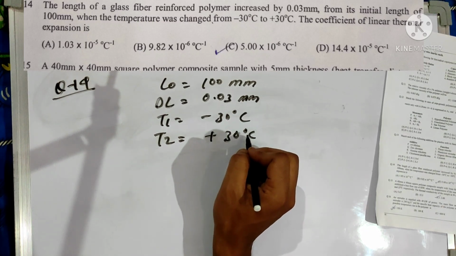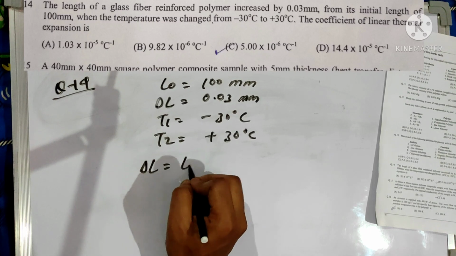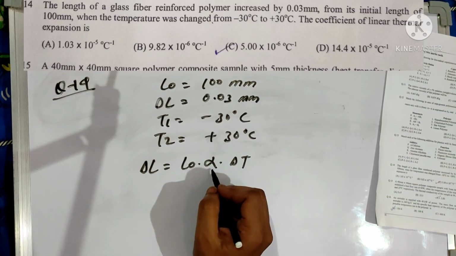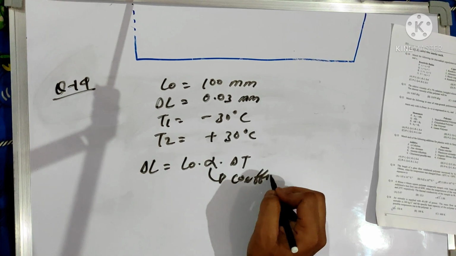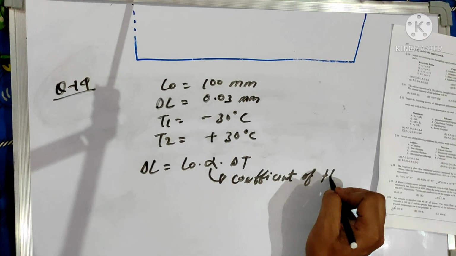The relationship between the thermal expansion and temperature is given by delta L is equal to L naught into alpha into delta T, where alpha is equal to the coefficient of thermal expansion.